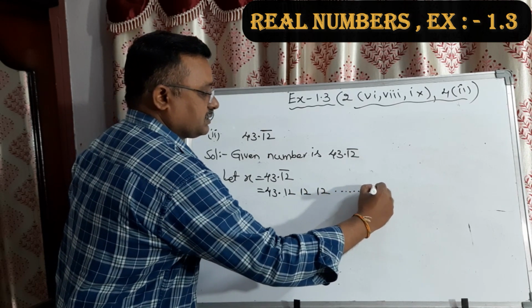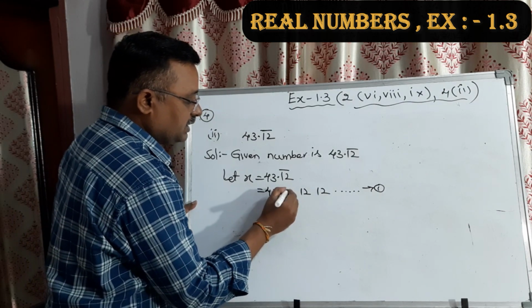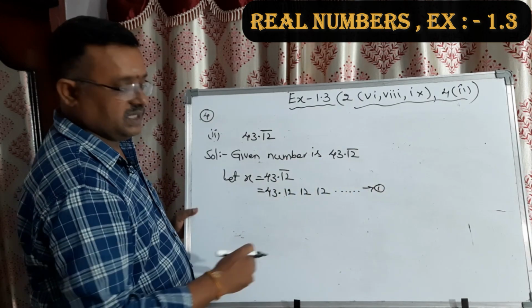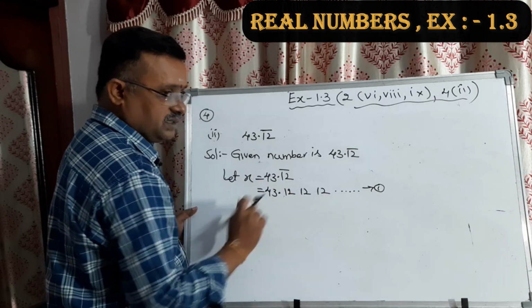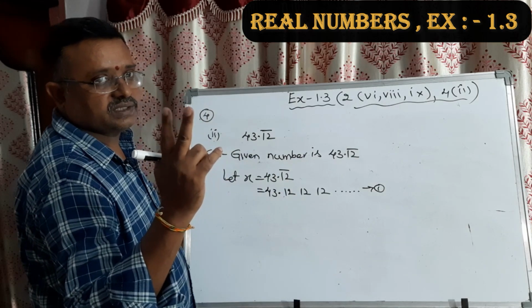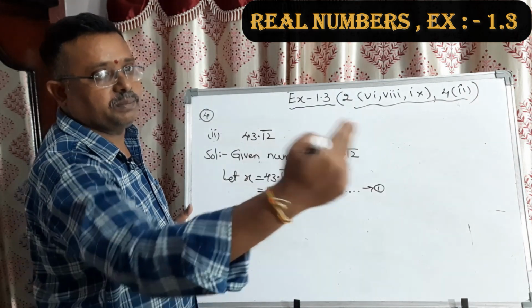Let us suppose this one is equation 1. Try to give a little gap between repeating digits to identify them easily. So how many digits are under repetition means how many digits are having bar? Here 2 digits are having bar, so those 2 digits are under repetition.